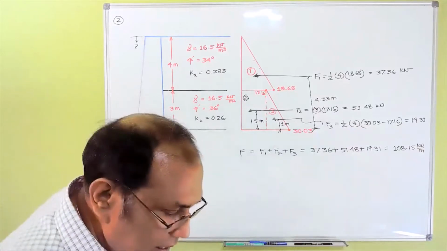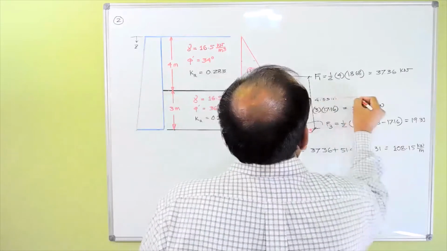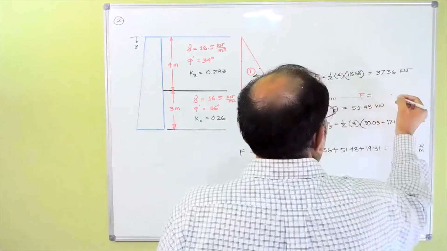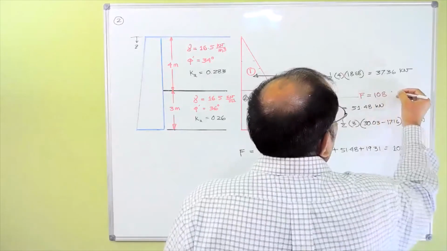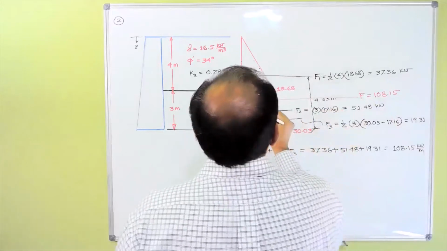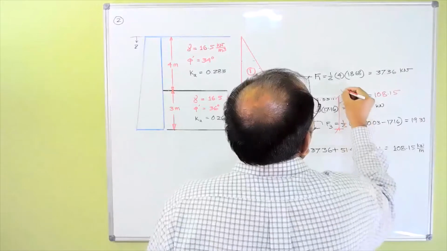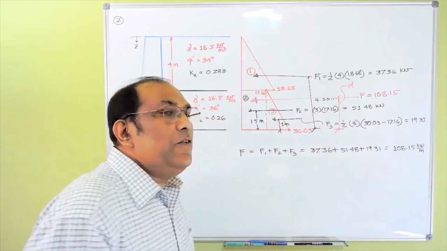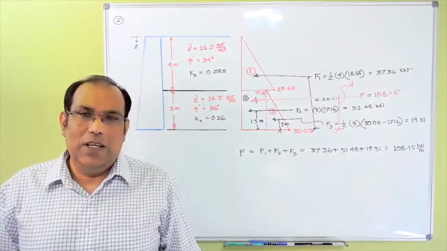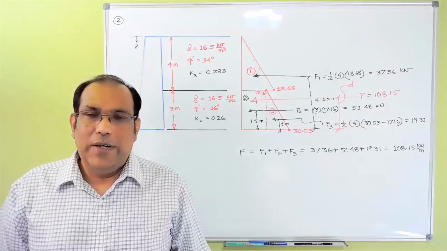So let's say here is the resultant, that's actually F, which is equal to 108.15. Let's say this distance from here to here is D. So if you take a moment of the resultant force from the bottom, that should be equal to the moment of all the components together, right?